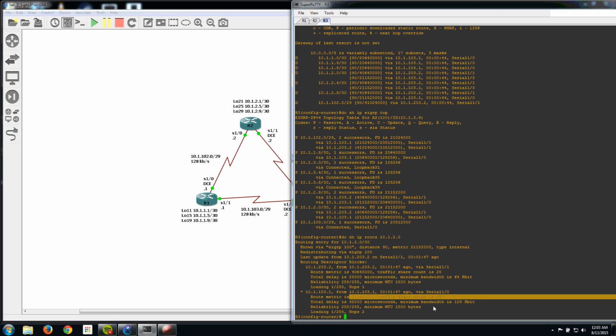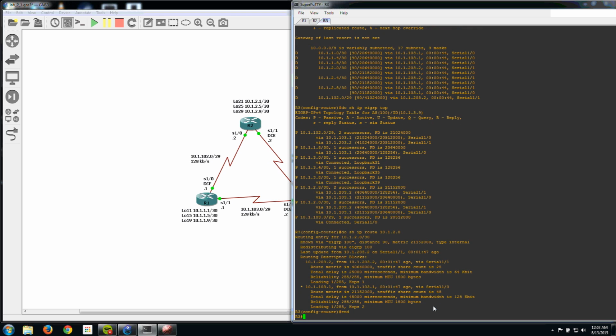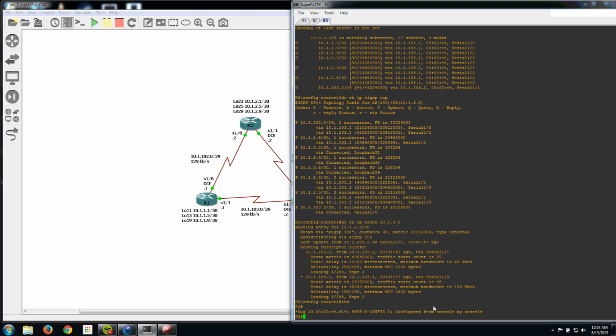So the next thing we can do is a debug IP packet and ping from router 3 to the 10.1.2.0 up here with loopback 21, and start viewing load balancing.